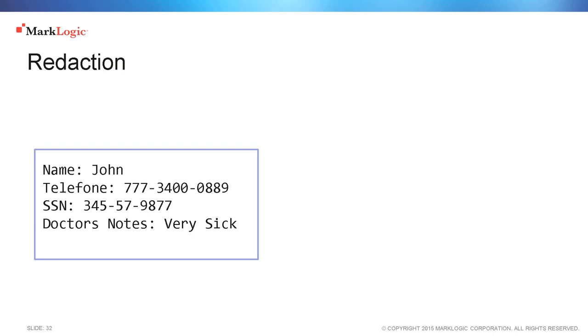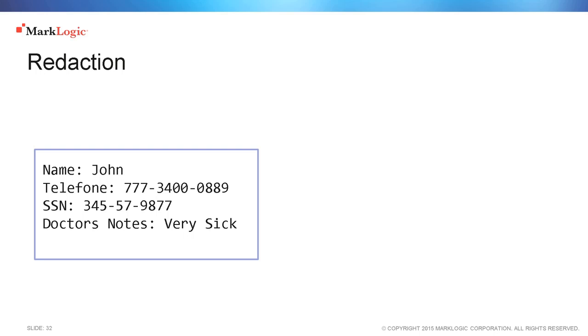So here I have redaction, so I have a piece of information about a patient, and forgive me here, I'm using social security numbers, a US example, but the same applies to UK numbers, which I actually don't know what they are. And I know. Yeah, thank you.